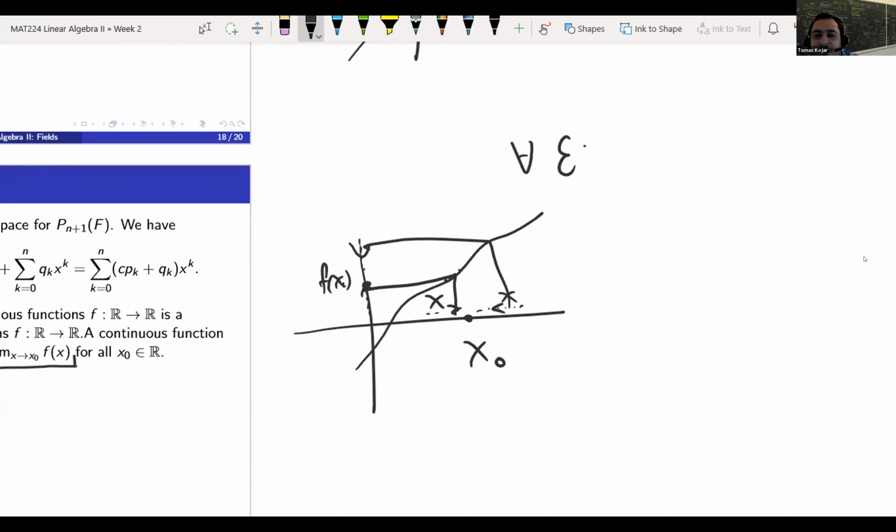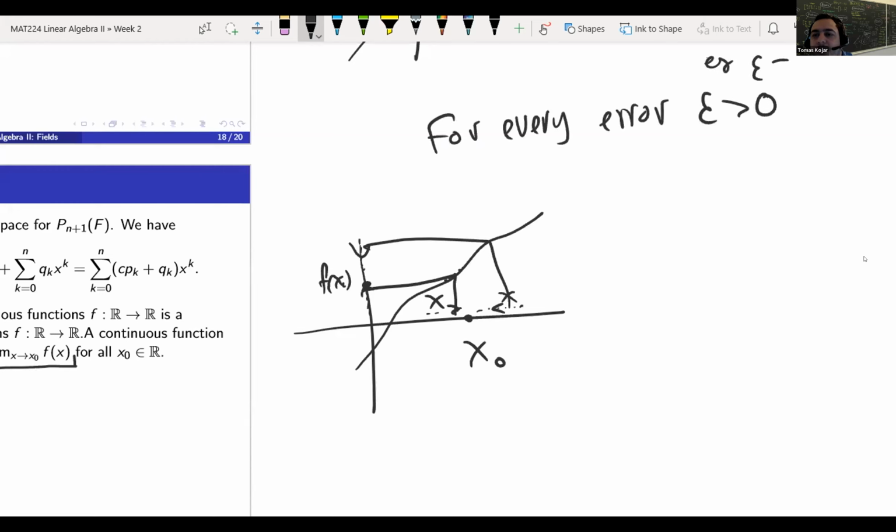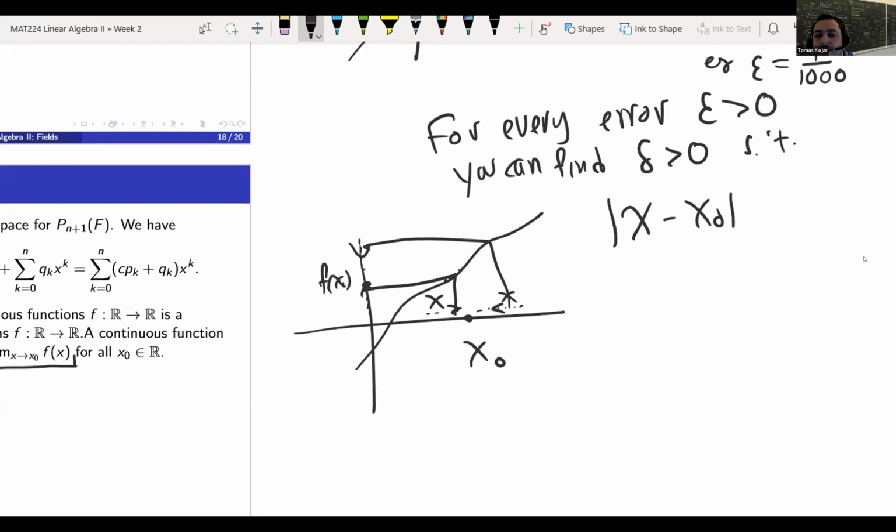It says that for every error epsilon, like 1/100, say, or epsilon equal to 1/100,000, you can find a delta number such that x being close to x naught, less than delta, implies that their images are close to each other.